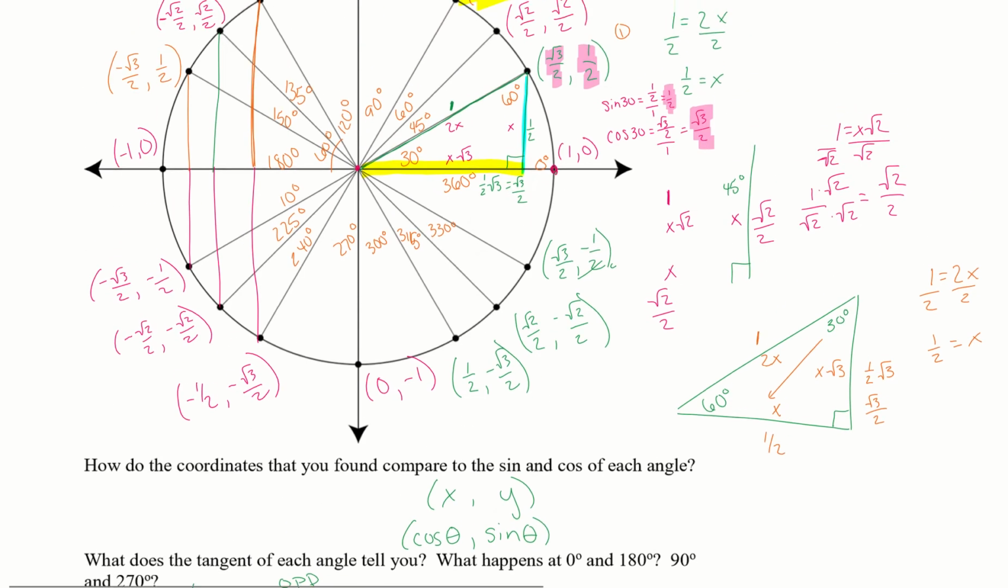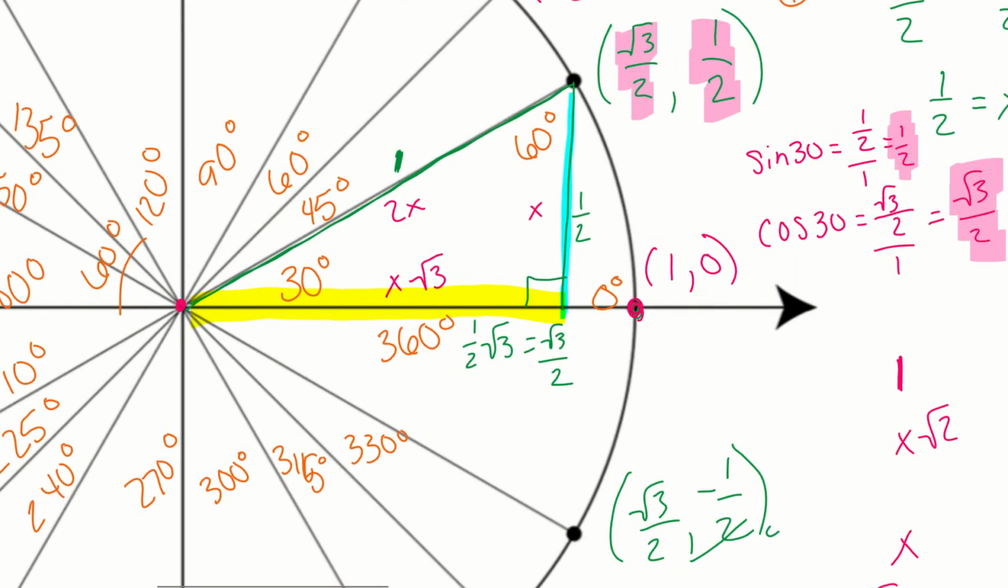All right, so if we think about our equation here, if I did tangent of 30, right? So tangent of 30 is opposite over adjacent, which is the 1/2 over root 3 over 2. And we just talked about how the 1/2 is my y, so that's sine, and the root 3 over 2 is my x, and it's my cosine. So that's how I'm able to say, okay, tangent is sine over cosine.